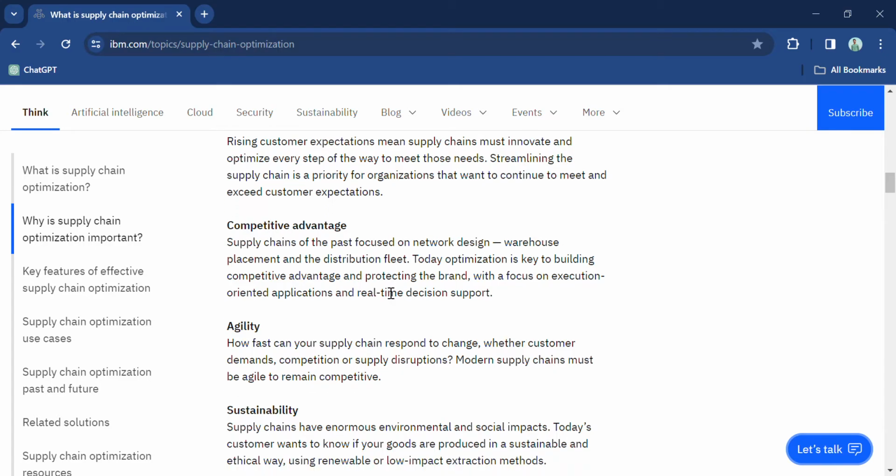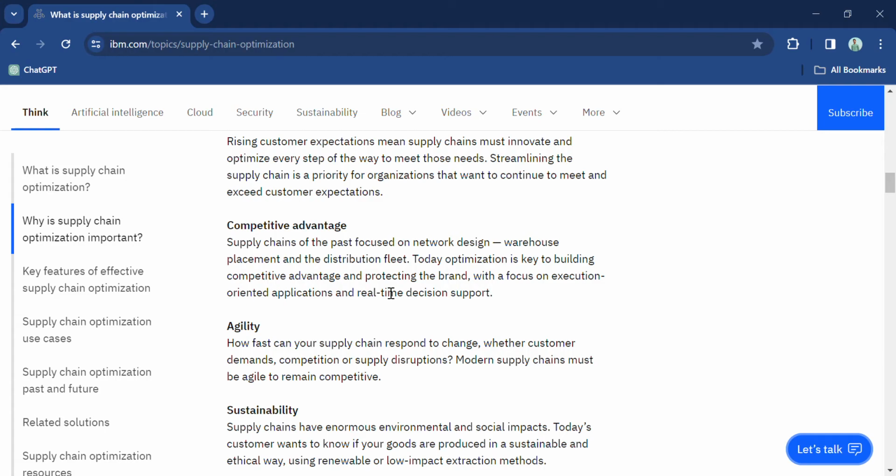Client needs. Rising customer expectations mean supply chains must innovate and optimize every step of the way to meet those needs. Streamlining the supply chain is a priority for organizations that want to meet and exceed customer expectations.